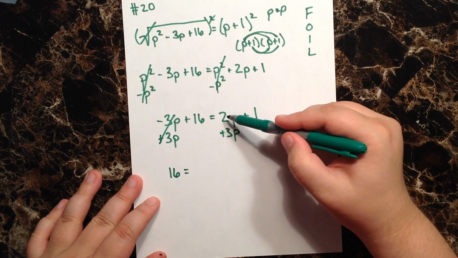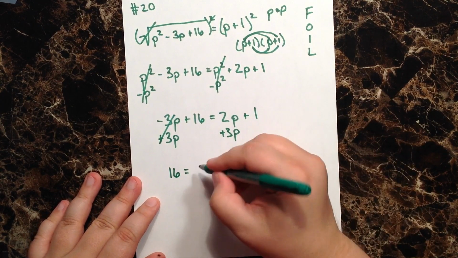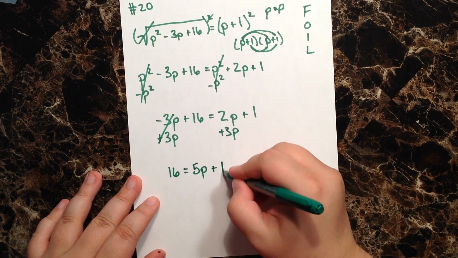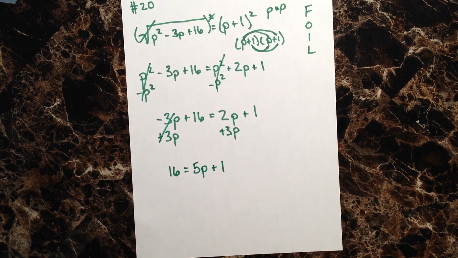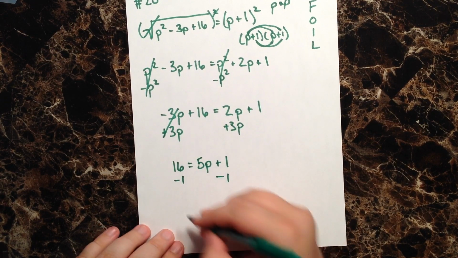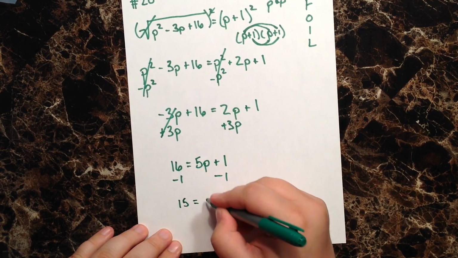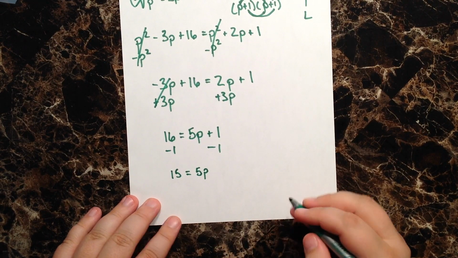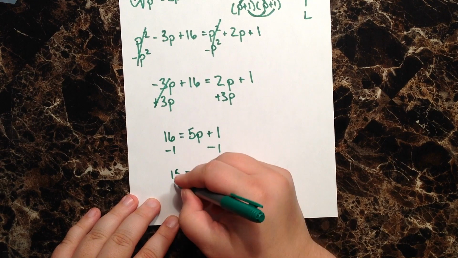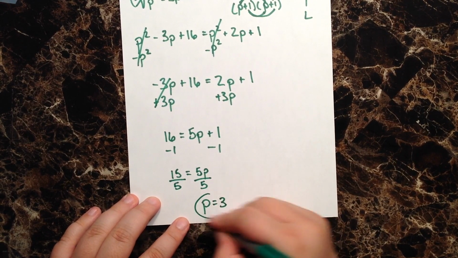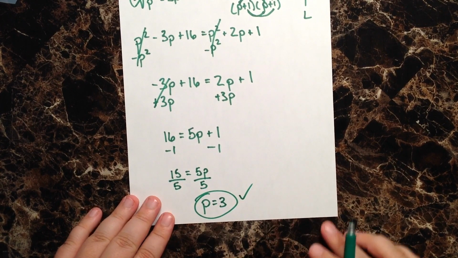And on the right, I have 2p plus 3p, which gives me 5p plus 1. And I'm going to subtract 1 from both sides. And when I do, I'm left with 15 equals 5p. My last step is to divide by 5 on both sides. And when I do, I get p equals 3.